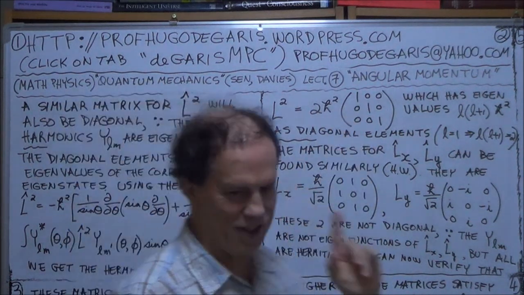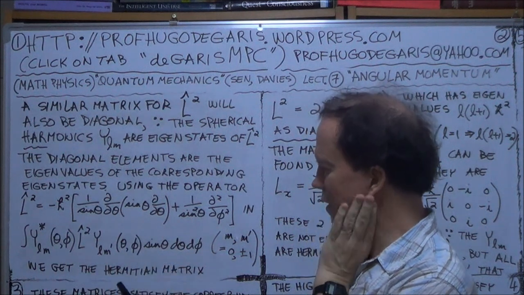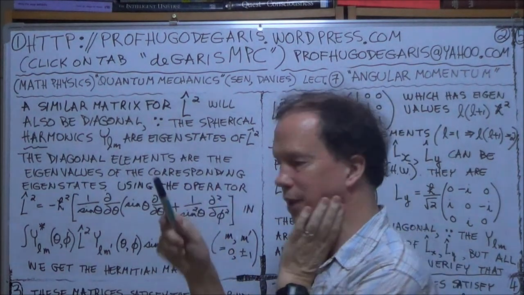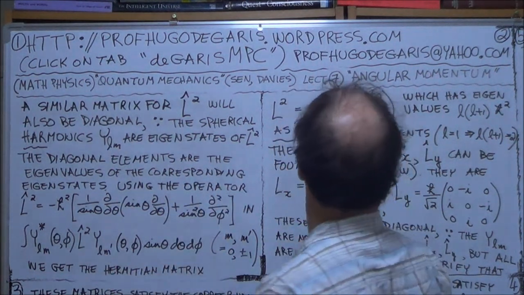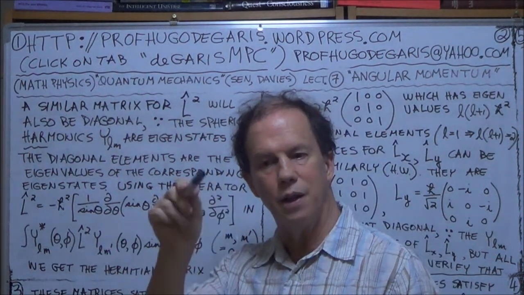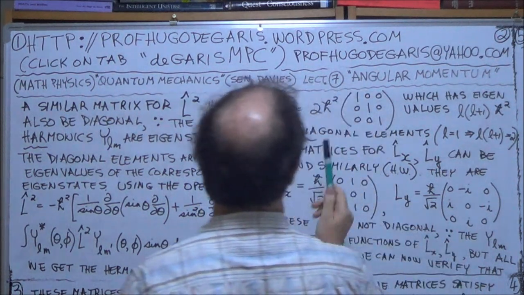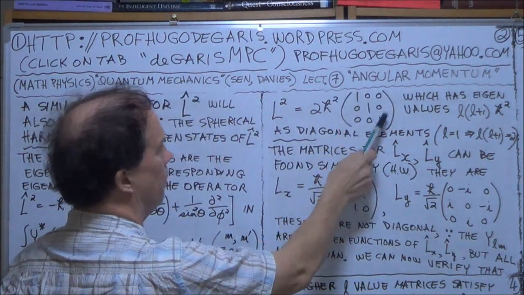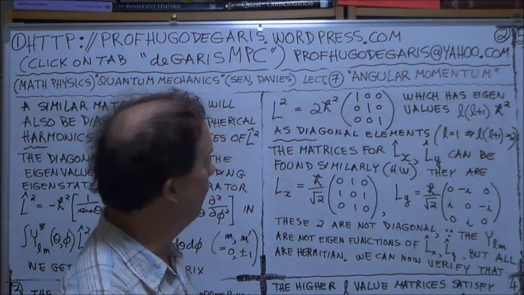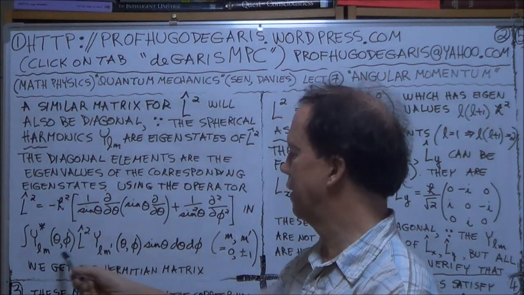The easy way is just to say that this is your operator and that's your eigenfunction. So the eigenvalues of L squared are L into L plus 1, right? And for L equals 1, L into L plus 1 is 2. So your eigenvalues are 2h squared, and you get 2h squared for each value of m, in fact.